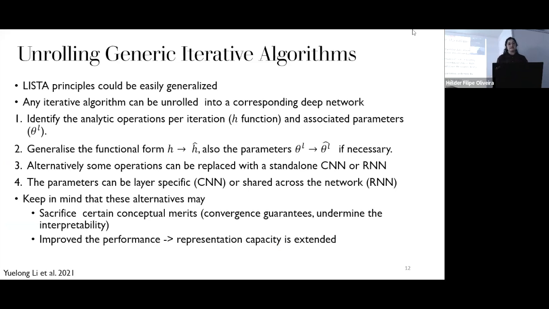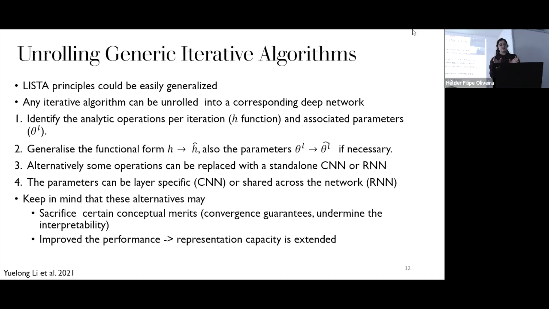They found that the principles of LISTA could be generalized, and we can not only use ISTA as an iterative algorithm to convert to a deep network, we can use any algorithm. So they identified that we first have to find which analytic operation per iteration is being performed in the algorithm that we want to convert, and then we can generalize these functions if necessary.